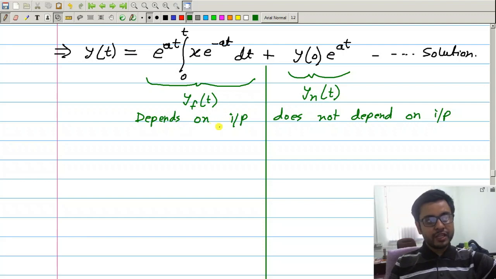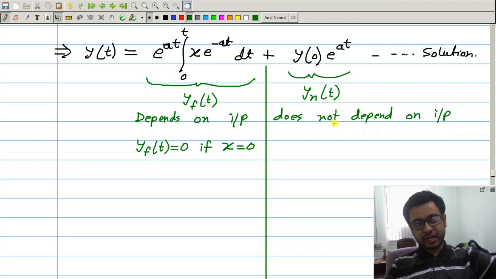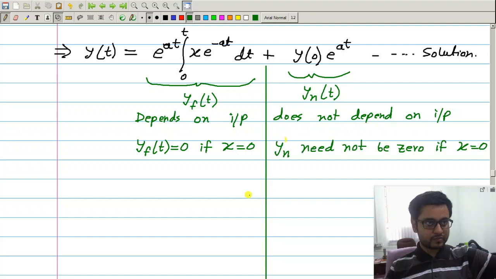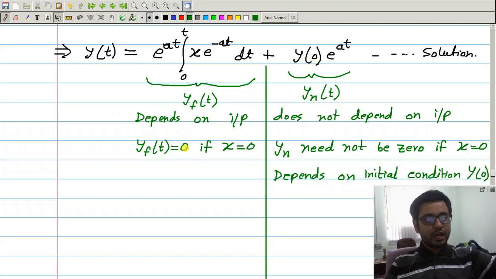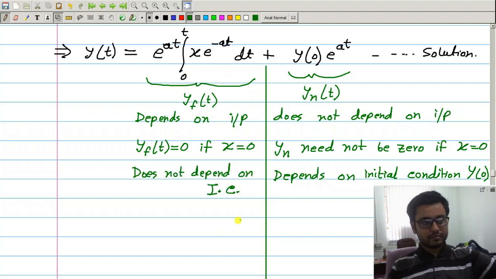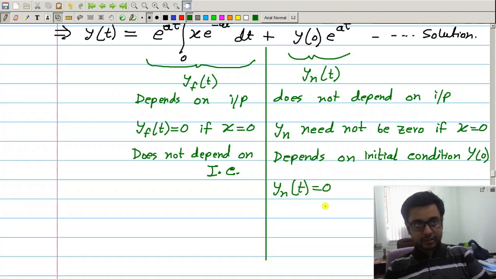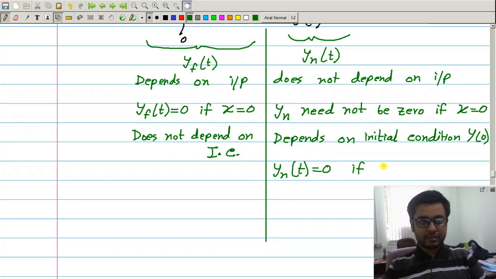This term will be 0 if the input is 0, whereas this term need not be 0 even if input is 0. This term depends on the initial condition y0. However, this term does not depend on the initial condition. This term will be 0 if the initial condition y0 is equal to 0.